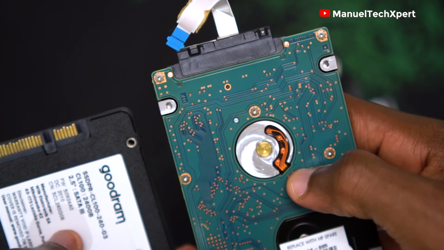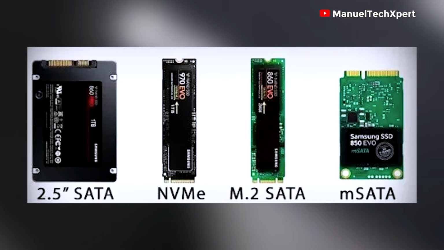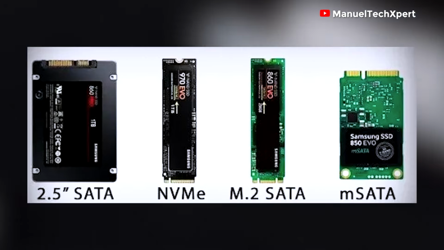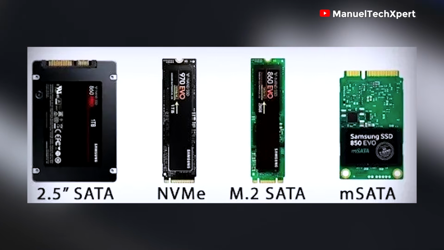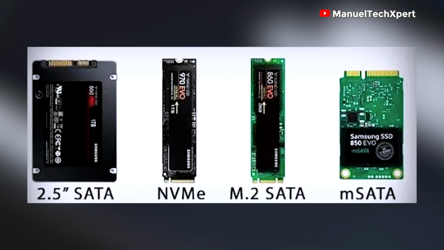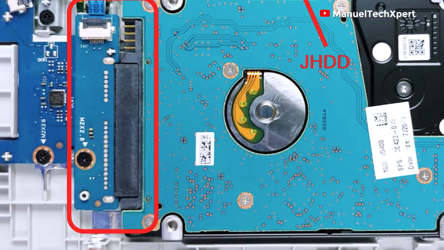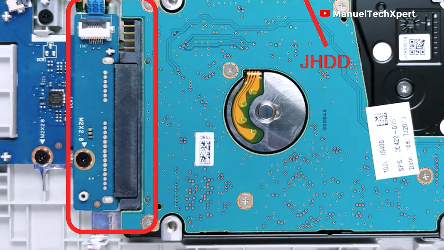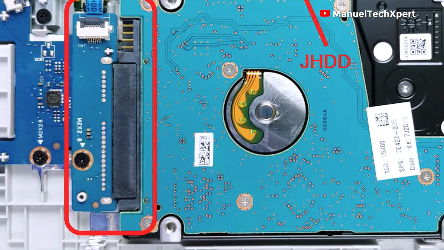But if you are trying to change from HDD to mSATA or M.2 SATA, you will need a converter, and that's going to take you a lot. And at the end, you may be getting NVMe inside your laptop which came with HDD. If the interface on your motherboard is a SATA interface, it's going to limit your new storage device to the speed of your motherboard.